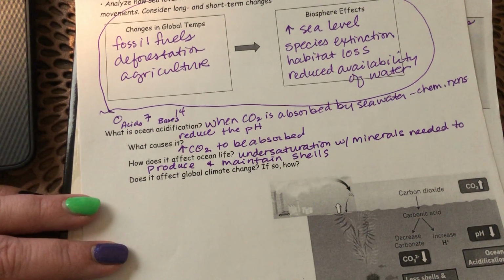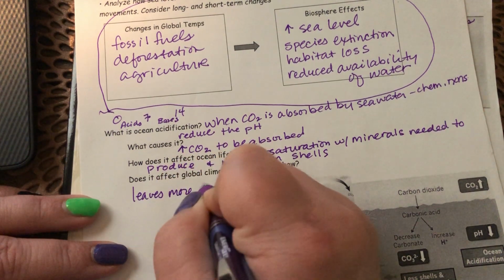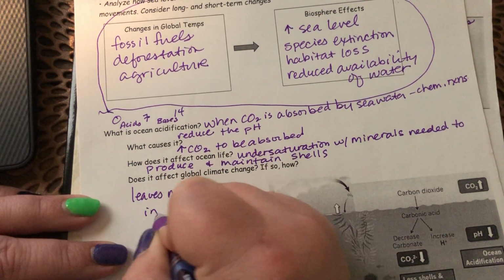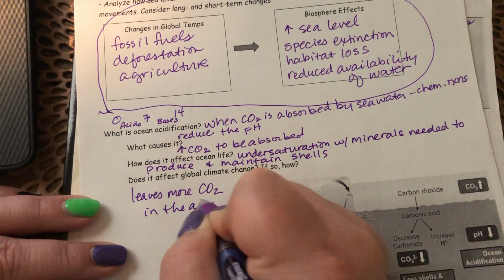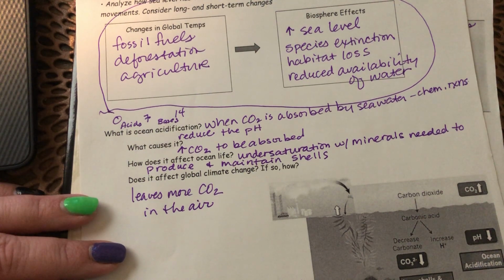Does it affect global climate change, and if so, how? Okay, it leaves more carbon dioxide in the air because it can't really absorb as much, and so it leaves more in the air, which is increasing the heat in the air.